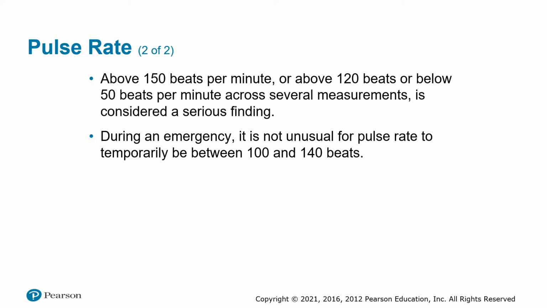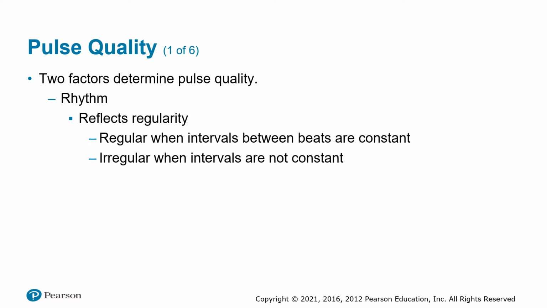So that's what happens. Anything above 150 is considered supraventricular tachycardia, or SVT, and it is a significant finding. And it's got to be treated. And we'll talk about that in the cardiology chapter.